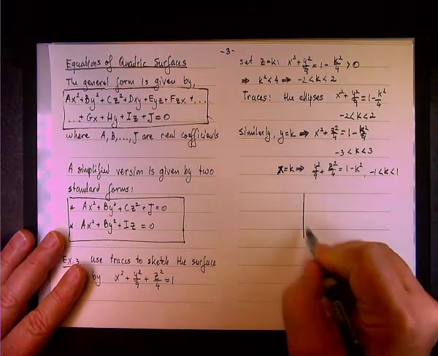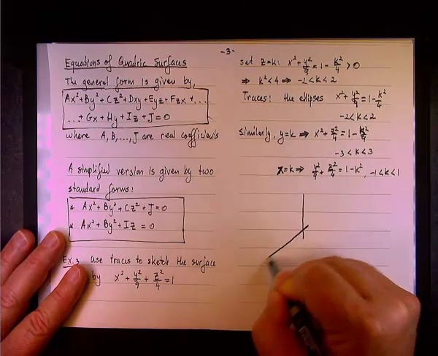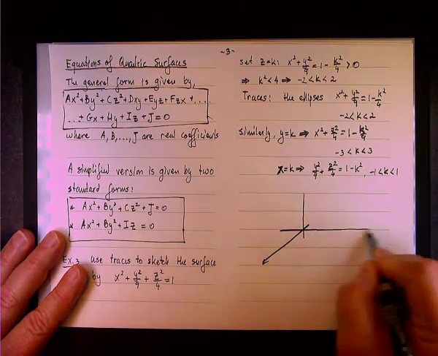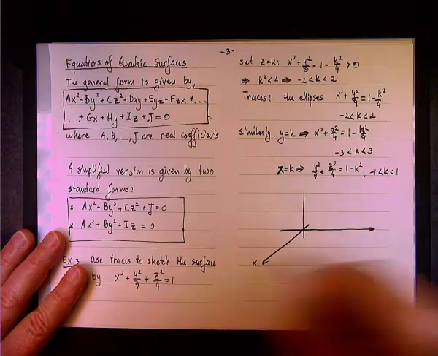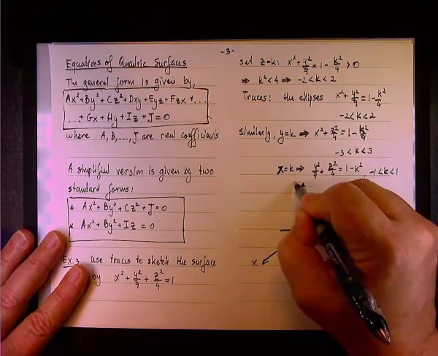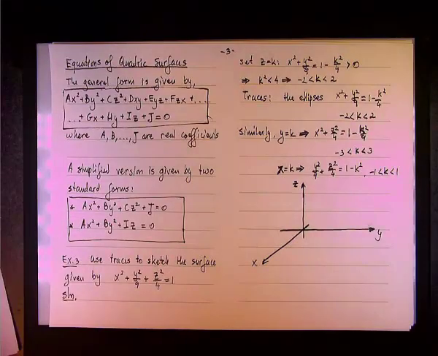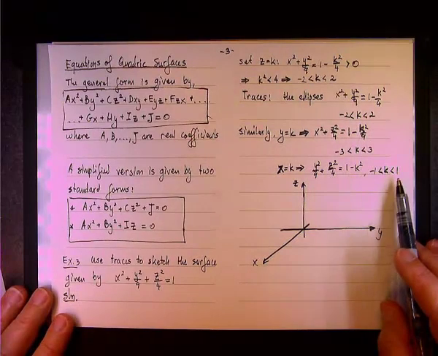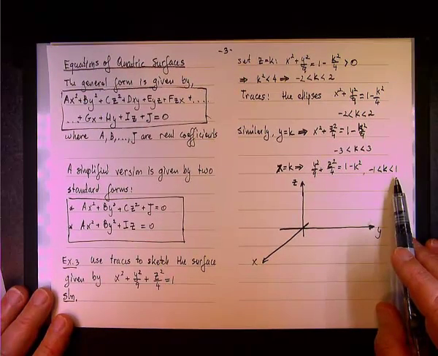And now we are ready to sketch. To sketch this, I'm going to just sketch 3 ellipses here instead of a bunch of them. Let's start with the ellipse on the xy plane, where z equals k. Okay?